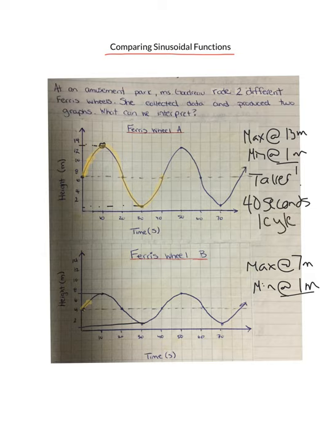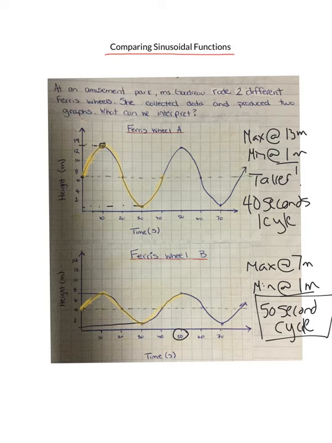Now Ferris wheel B starts at the middle, I hit a peak, I hit the bottom, I hit the middle, I hit a peak, and this takes 50 seconds. So really, it takes longer to do one full rotation on Ferris wheel B compared to Ferris wheel A.